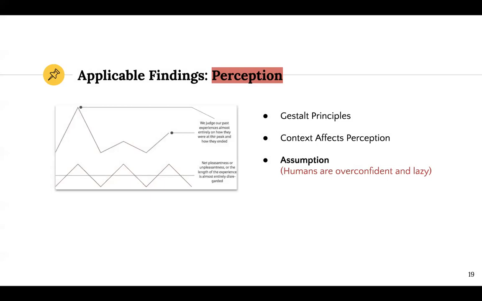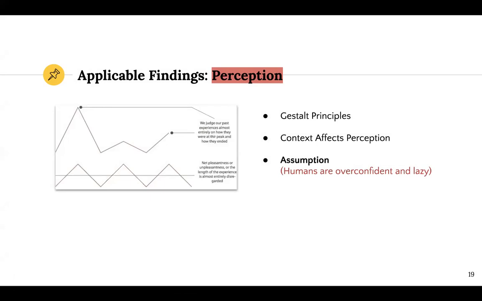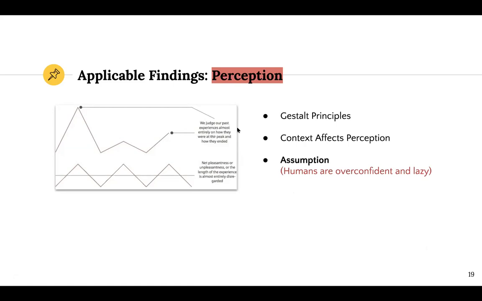Assumption. Humans are easy to assume. And I have kind of a negative comment on humans, but I feel like a lot of design practices are actually built off of that. The graph on the left, the top one, shows that we judge our past experiences almost entirely on how they were at their peak and how they ended.